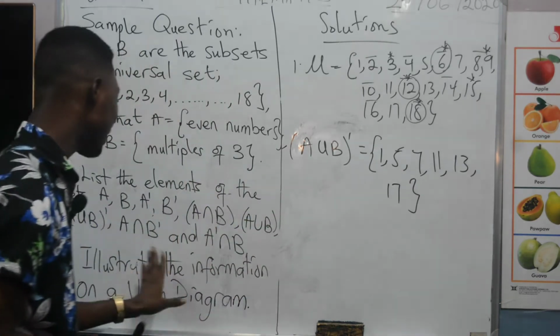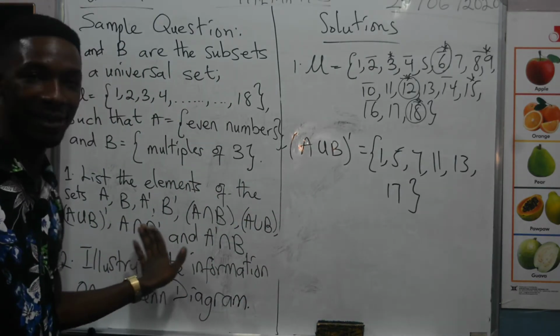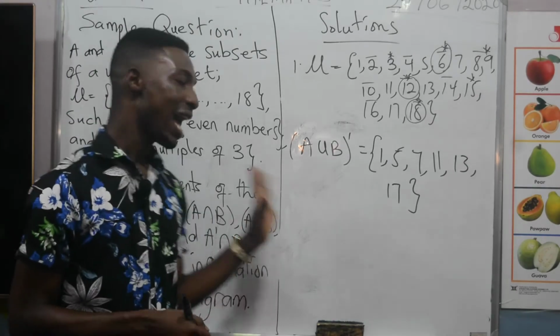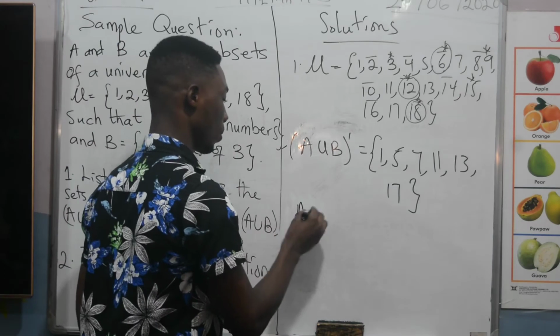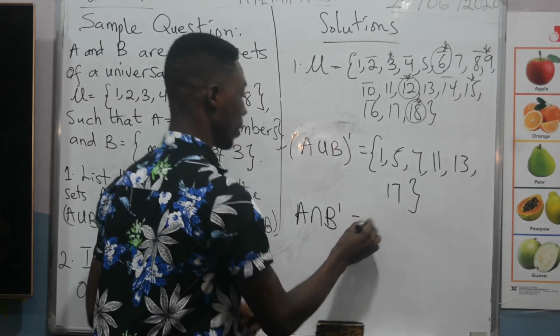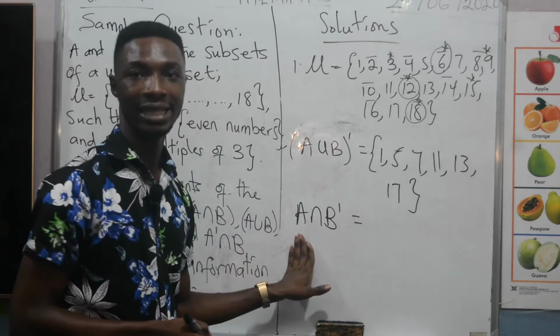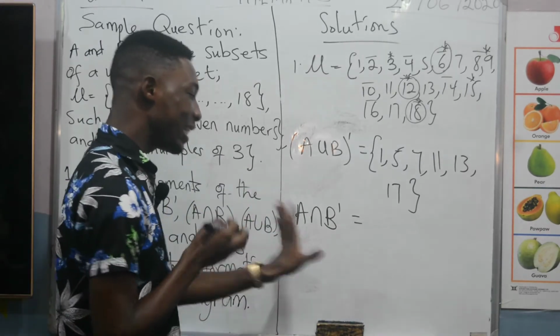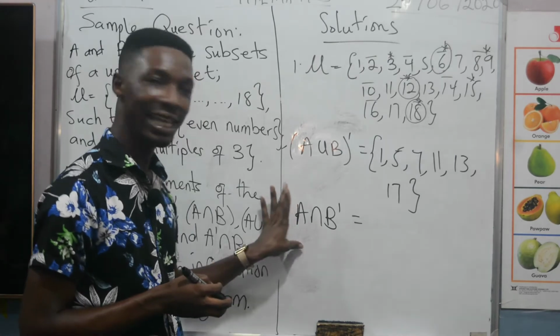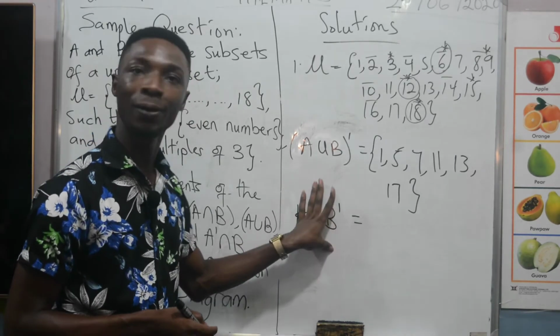Okay? The next set is A intersection B complement. How do we get A intersection B complement? We have A there. You have B complement there. This means that we look at the set A and the set B complement.